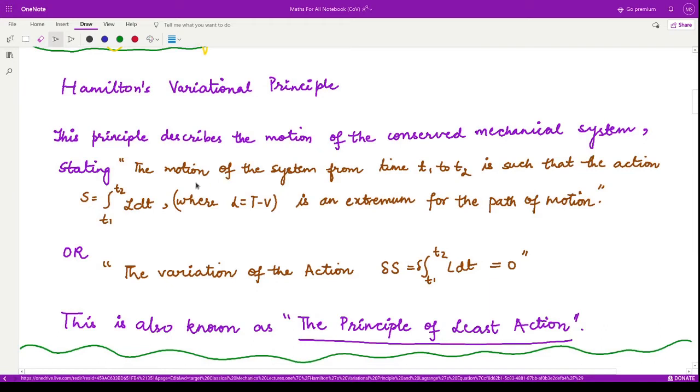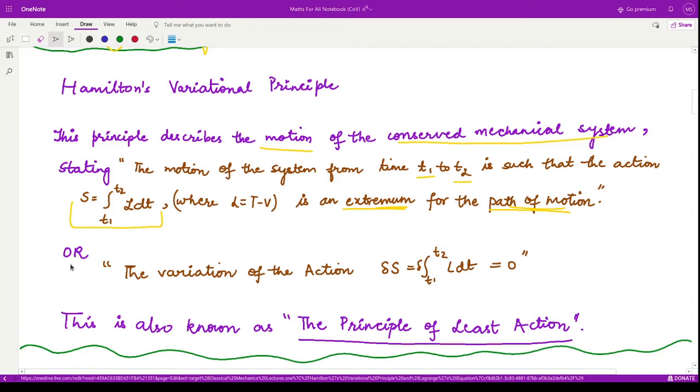It says that the motion of a system moving from time t1 to time t2 is such that the action defined by this functional gives an extreme value for the path of motion, and this extreme value would be the path which that mechanical system would follow. So this describes the motion for any conservative mechanical system.